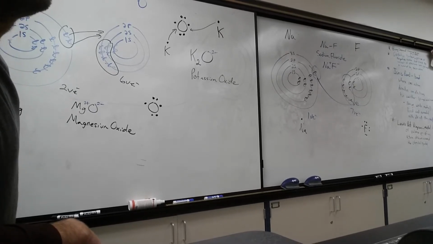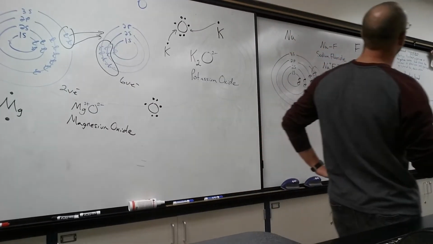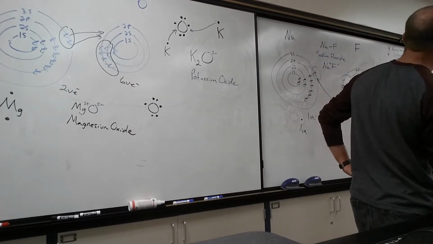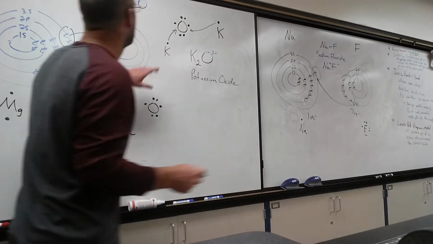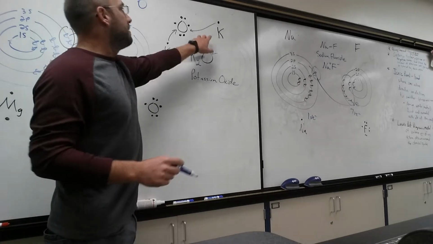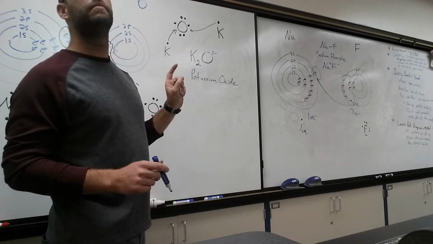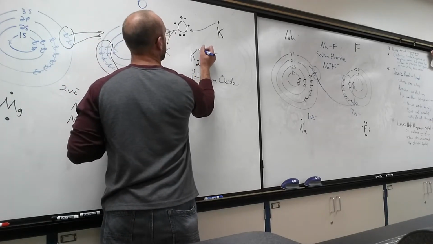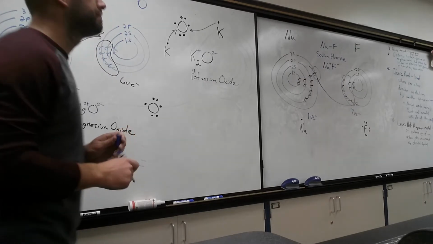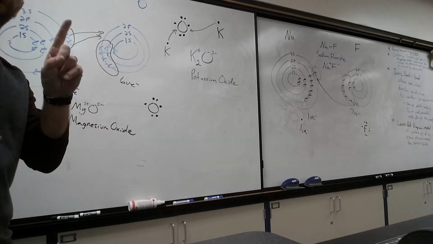Oxidation number is a positive or negative number that shows the number of electrons lost, gained, or shared by each atom. By each atom. We have 2 potassium atoms. What is happening to each of them? Losing 1 electron. That makes it plus. Each one of those 2 is losing 1 electron.